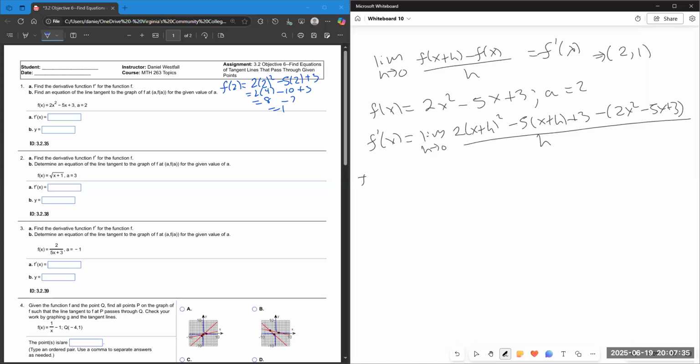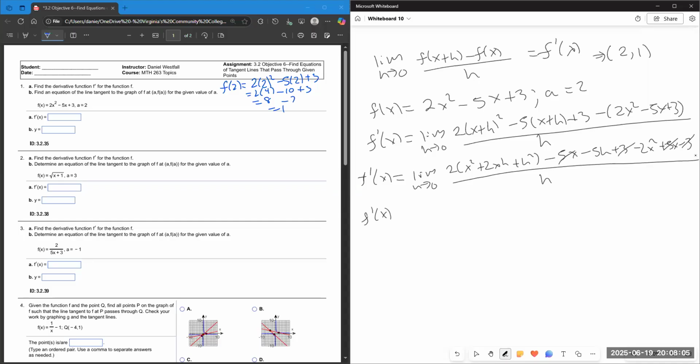F prime of x is equal to limit as h goes to 0 of 2 times x squared plus 2xh plus h squared minus 5x minus 5h plus 3 minus 2x squared plus 5x minus 3 over h. Negative 5x, positive 5x is 0. 3 minus 3 is 0.